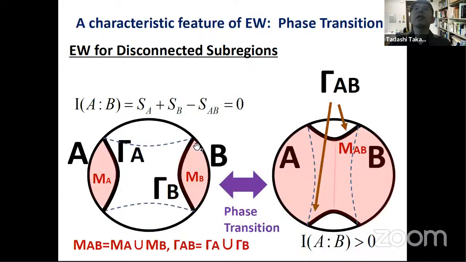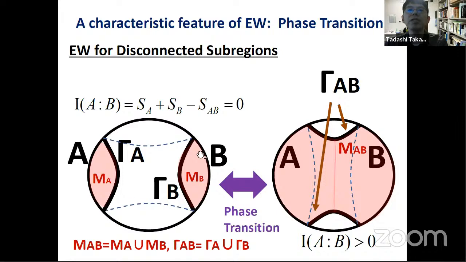Okay. And the characteristic feature of this entanglement wedge is the behavior of the so-called phase transition. If we talk about the entanglement for disconnected subregions A and B, and if A and B are relatively separated and their size is small, then the minimal surface is also disconnected for the computation of entanglement entropy for S_AB.